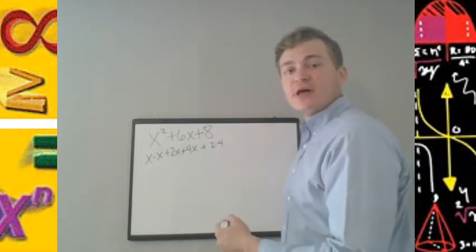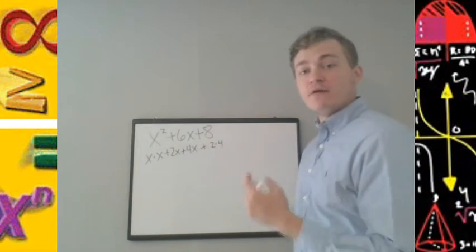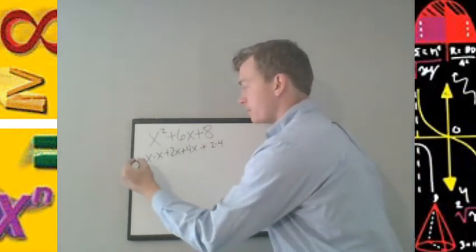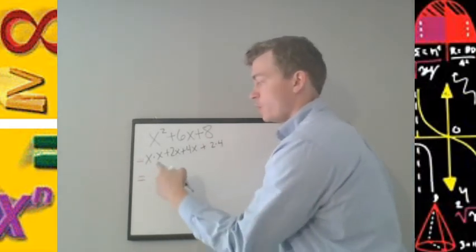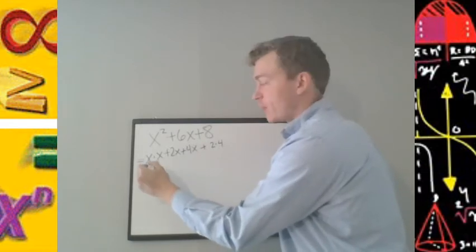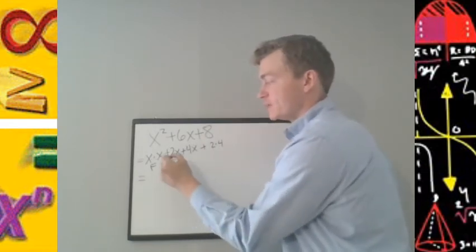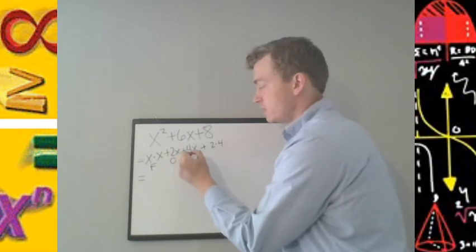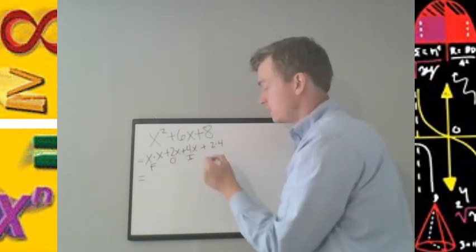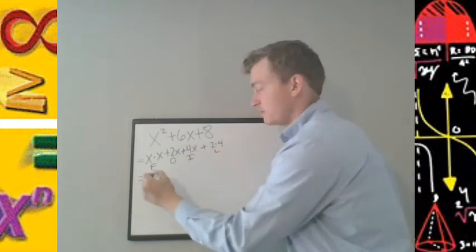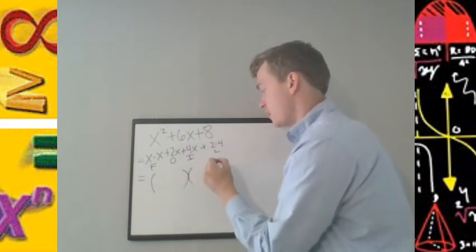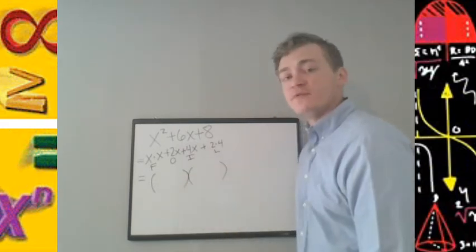So what would this look like in the FOIL format? Well, x times x, this is the product of the first terms. This is the product of our outside terms, our inside terms, and our last. FOIL comes from the product of two binomials.